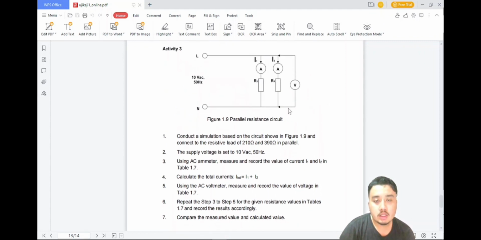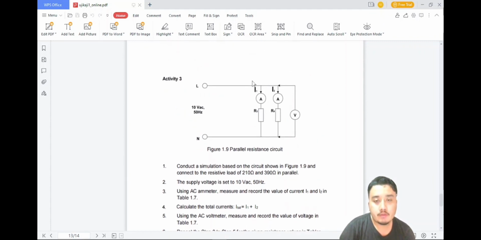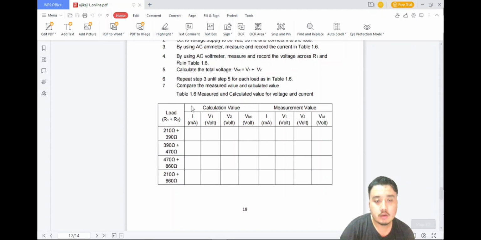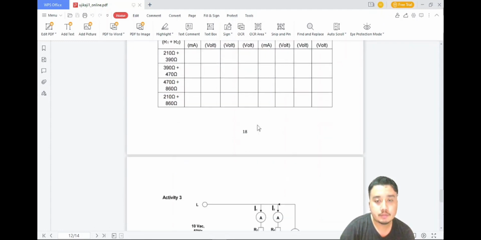Every activity has different types of circuit and also components, so we need to do the hand calculation and also run all these 3 activities and get the result of the current and also voltage.